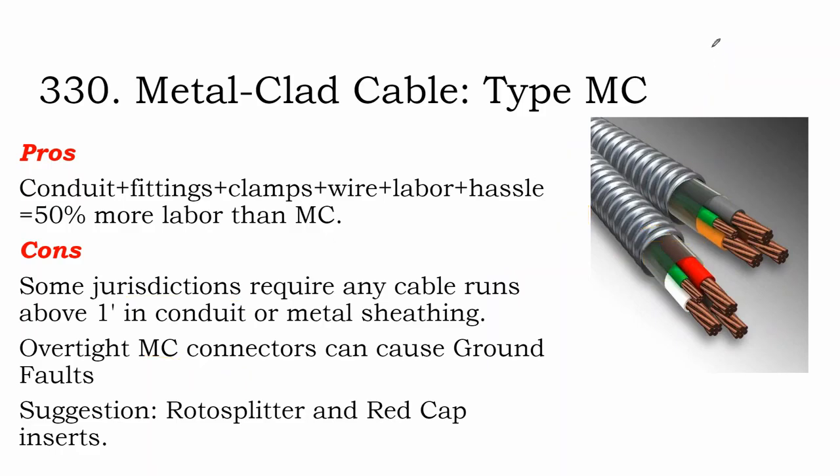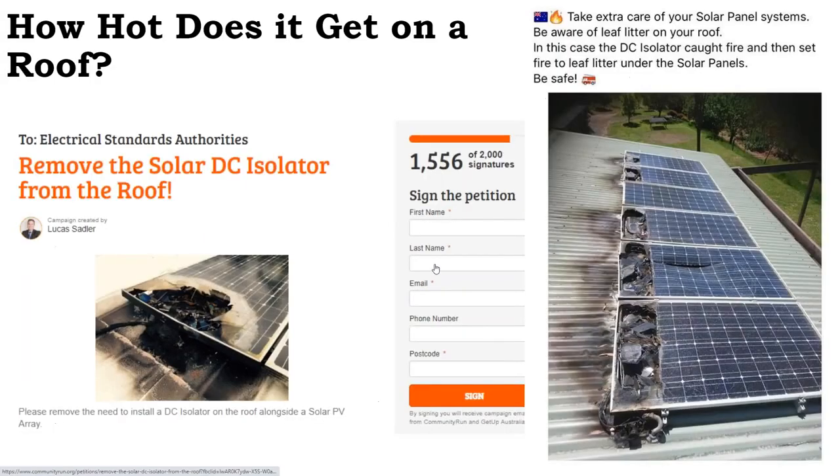Also, with metal clad cable, the attic that it's in has to be accessible. You have to be able to see it and walk around it and be able to get up to it. And finally, the last thing with MC cable is it can only be in a damp environment rather than a wet environment.